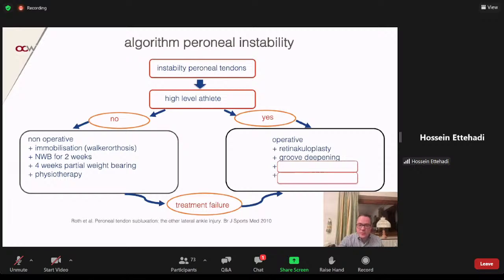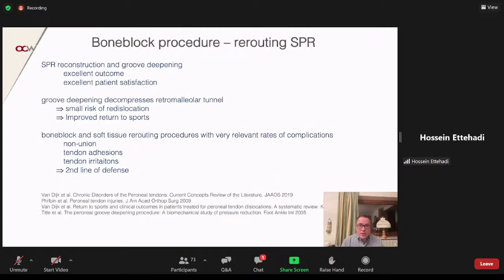And that is also the treatment plan if the non-operative treatment fails. I personally do not do bone block procedures or rerouting procedures of the superior peroneal retinaculum.